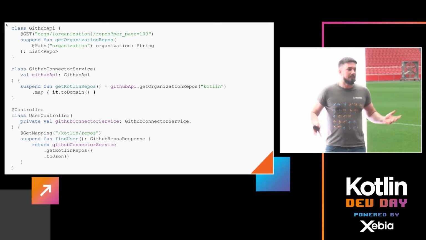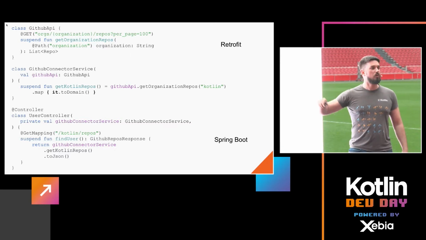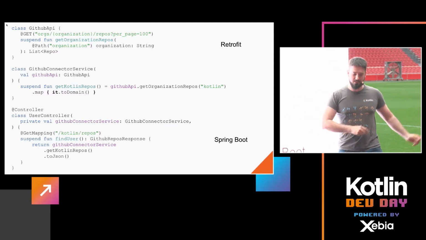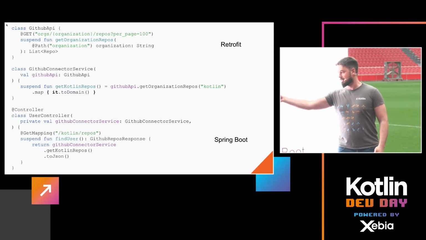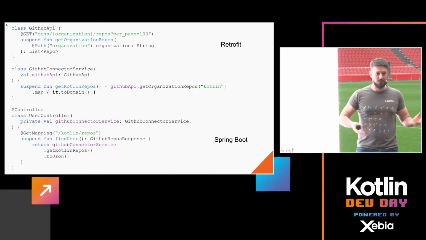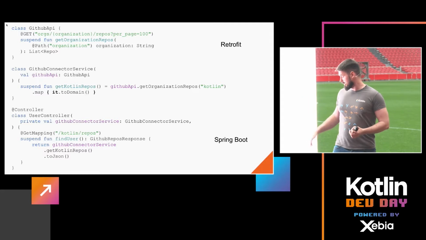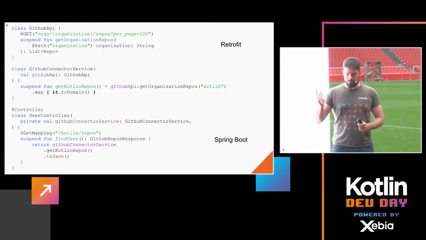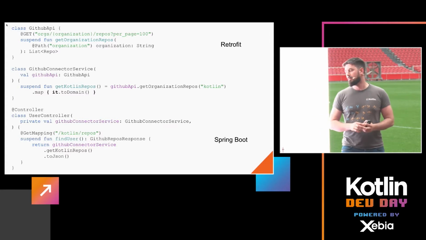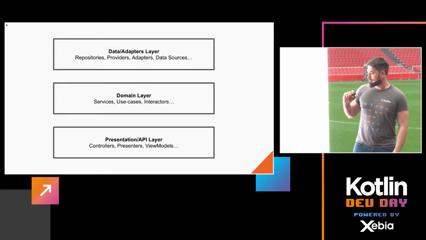This is thanks to great support from libraries, like Retrofit, that understands the suspend keyword, and when you use it, suspends the coroutine instead of blocking a thread. Or Spring Boot that when it can see a suspend modifier, it creates a coroutine for you. So we are hiding those, resuming the suspension and starting coroutines. It is hidden by the libraries. In some projects, all I needed to do to introduce simple coroutines was that. And then you can benefit from all the other features of coroutines we'll touch soon.